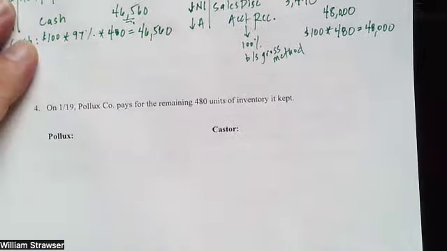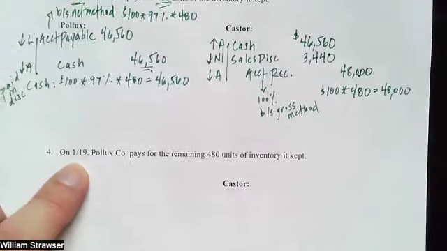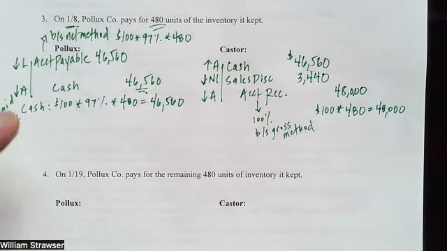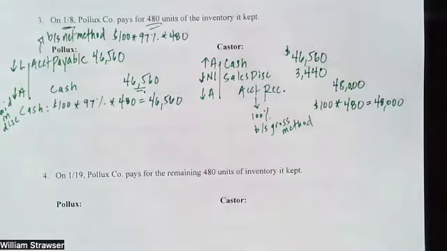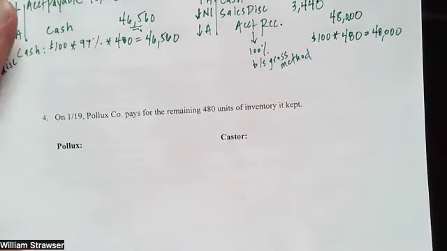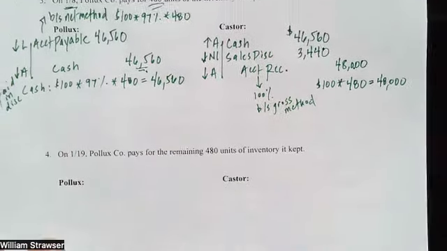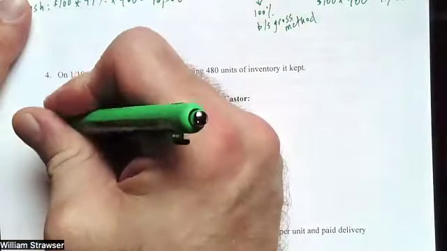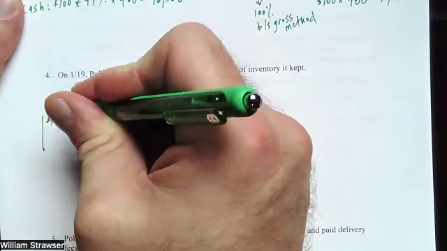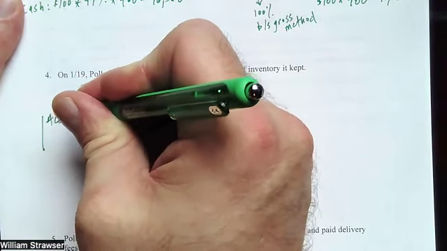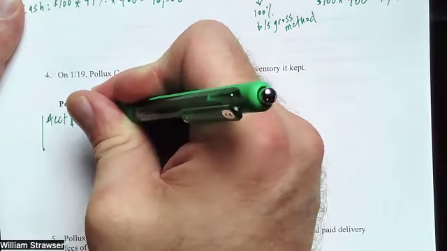All right. Now we're on 1/19, clearly outside the discount because we bought it all on 1/1. That's 18 days. The discount terms say that we had to pay in 10 days. So we're outside discount, which is going to switch things, right? Because Pollux records using the net method, their payable is still being valued at net of discount prices.